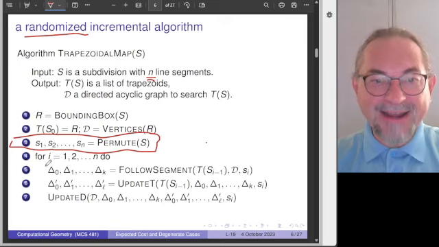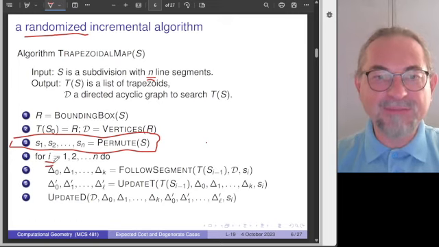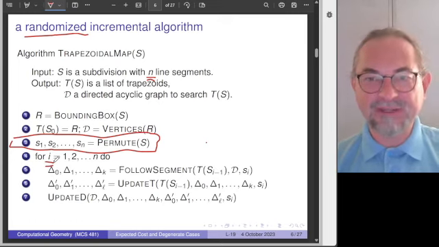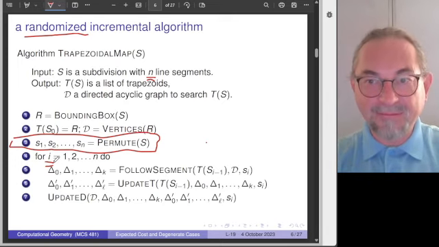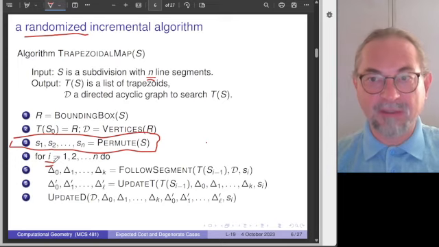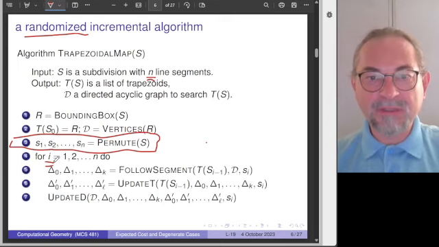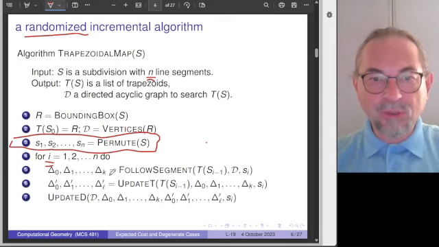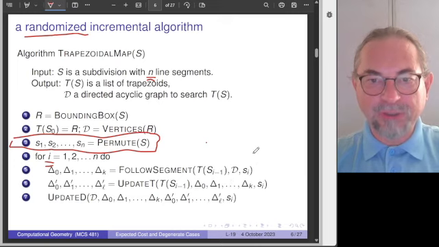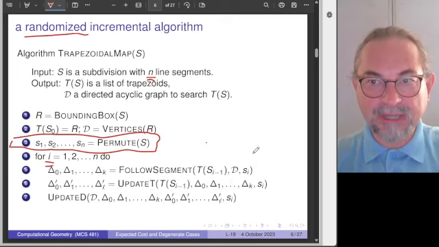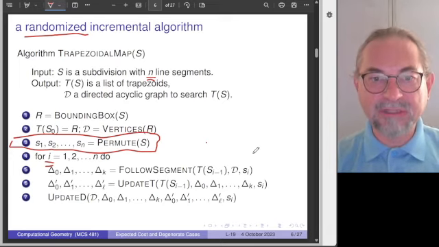But the other character that will be used frequently later in this lecture is the i, not the i of i, but the i from the incremental loop counter. So each time we locate the trapezoids that the new segment will intersect, we update the map, and then we update the directed acyclic graph.